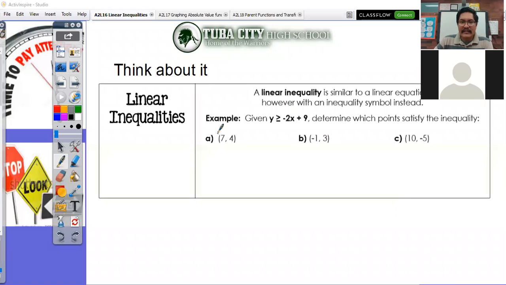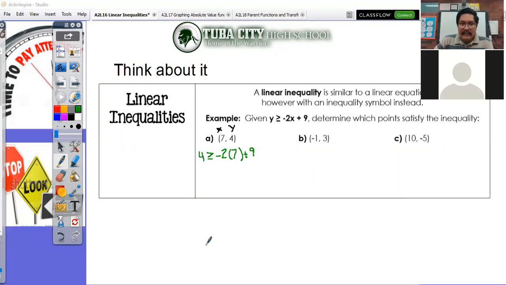Don't forget that each of your ordered pairs has an x and a y, and we're going to plug those in. So y is 4, greater than negative 2x, so negative 2 times 7, plus 9. Warm up that arm.